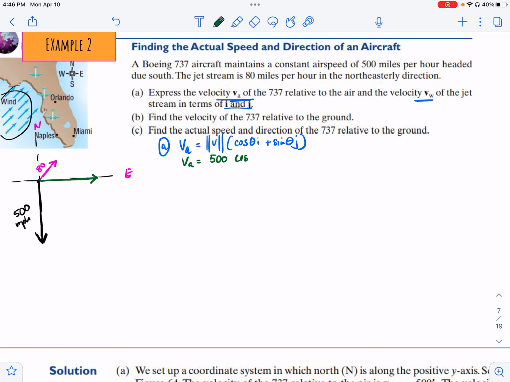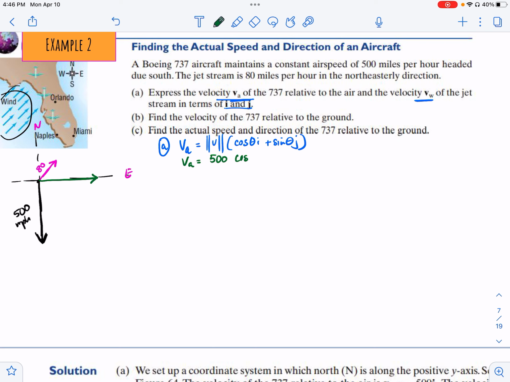They want me to do the same thing for the wind. So VW would be its magnitude, which is 80, times cosine of the angle made by it. That angle is a 45-degree angle, like I said. Cosine 45, stick an i, plus 80 sine 45 j. I already distributed here, if you notice. Like here I didn't distribute, here I'm starting off by distributing.